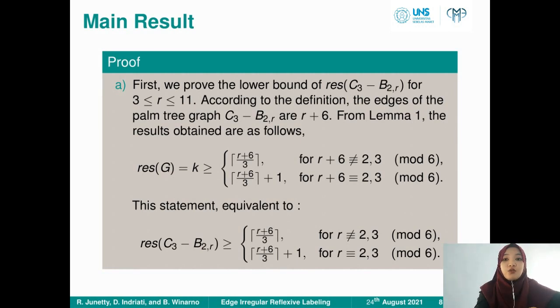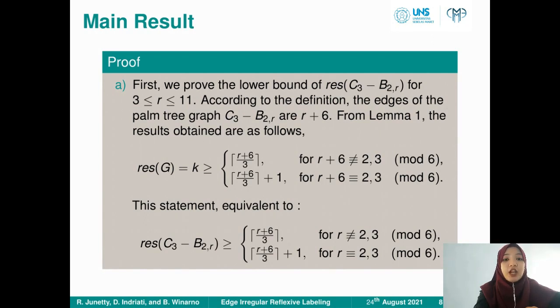In point A, first we prove the lower bound of res(C3b2r) for r greater than 3 and less than 11. According to the definition, the edges of the palm tree graph C3b2r number r plus 6. From lemma 1, the results obtained are as follows. The formula res(G) equal k, the ceiling of r plus 6 per 3 for r plus 6 not equivalent to 2 and 3 in modulo 6, and the ceiling of r plus 6 per 3 plus 1 for r plus 6 equivalent to 2 and 3 in modulo 6.